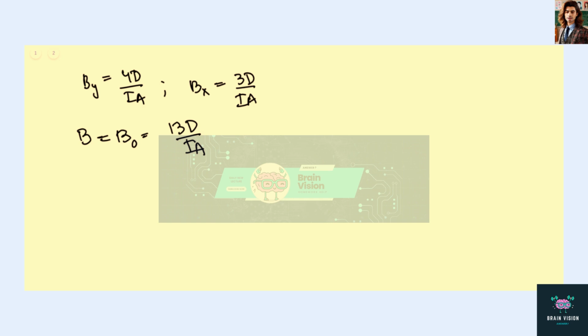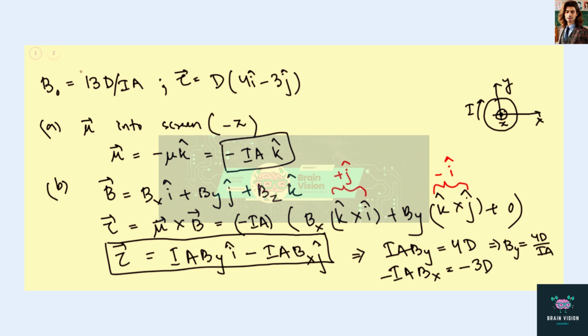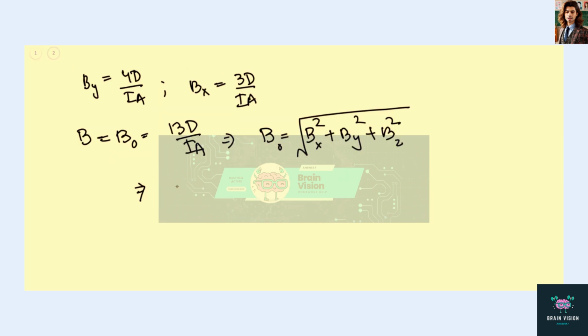And we also know that B, being the magnitude, should be equal to the square root of Bx square plus By square plus Bz square. So we use these equations to find Bz. We are given B naught to be 13D over IA.